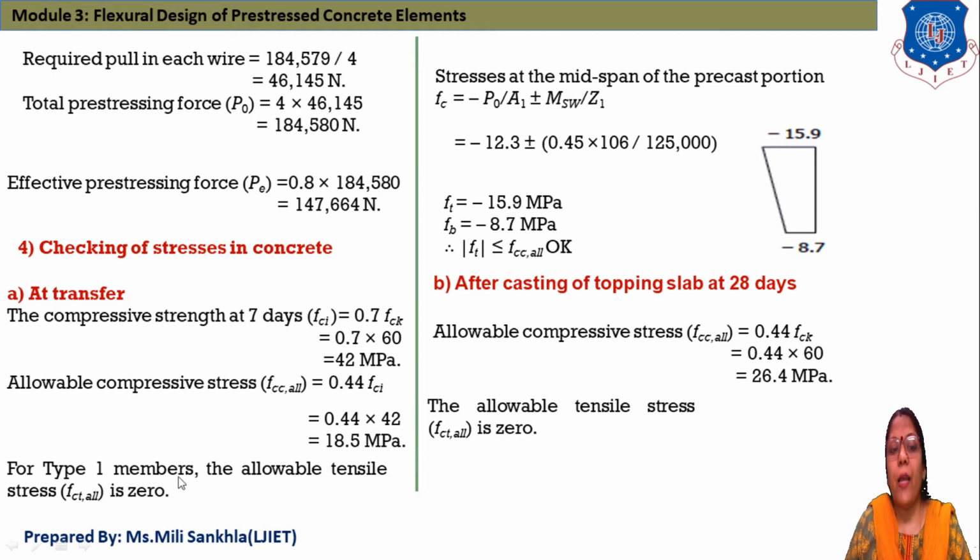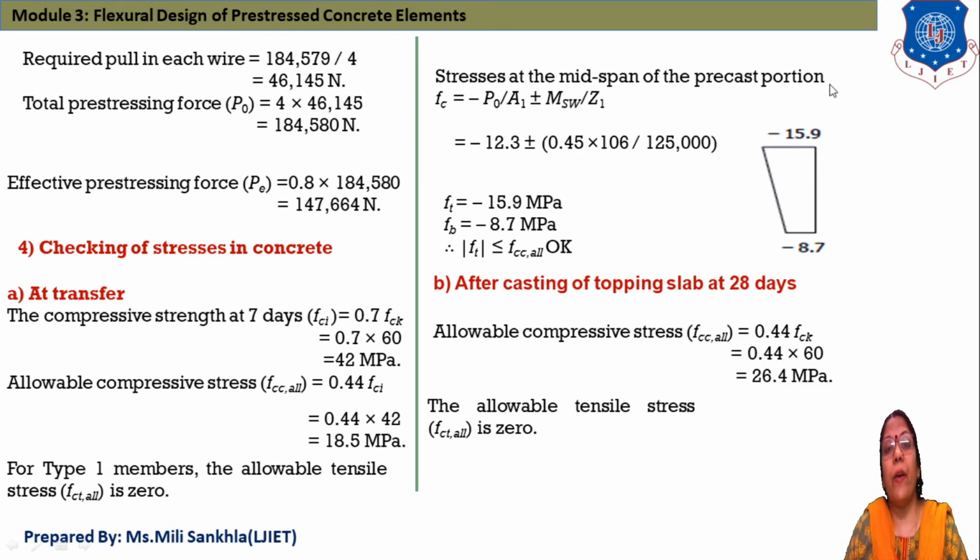For a type 1 member the allowable tensile stress is 0. Here we design a one way slab for a type 1 member, and for a type 1 member the allowable tensile stress FCT is 0.